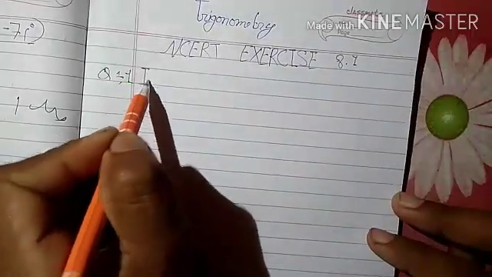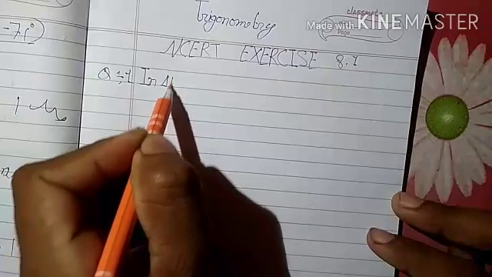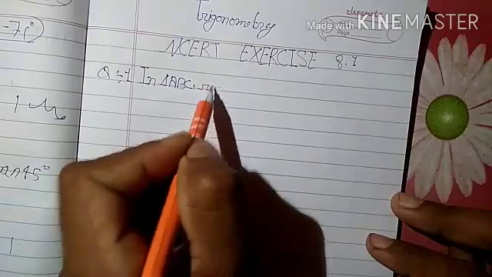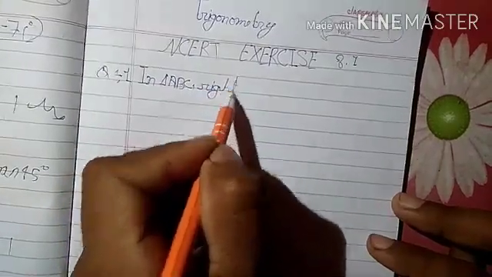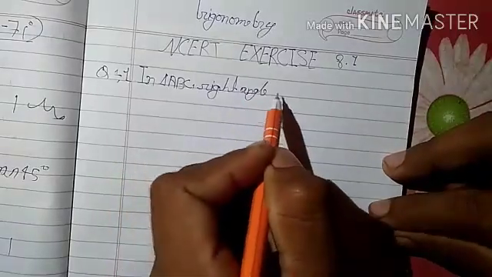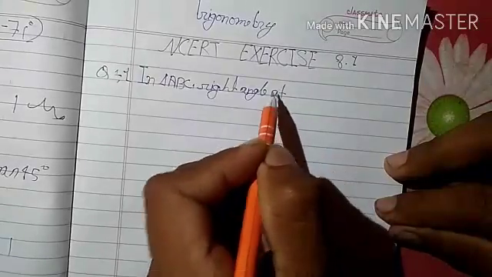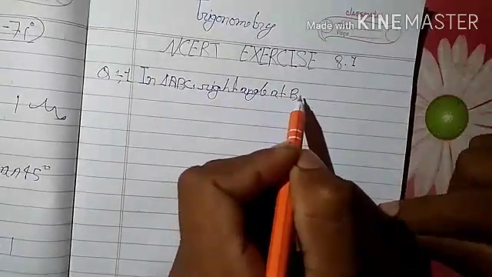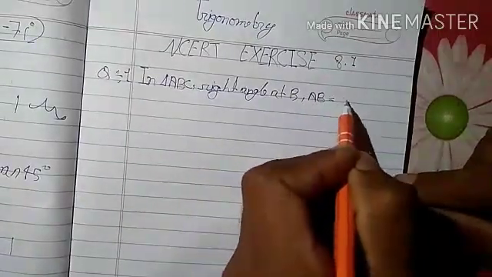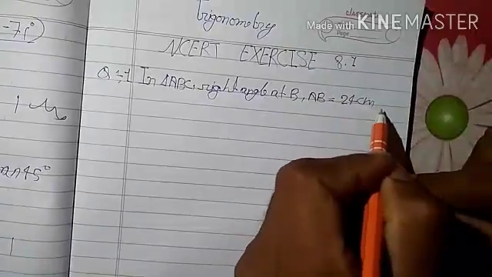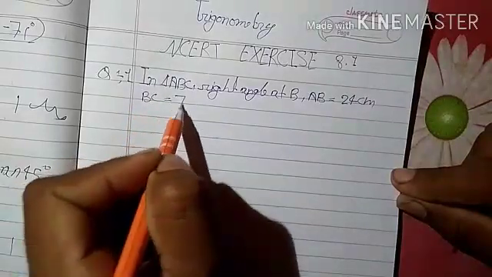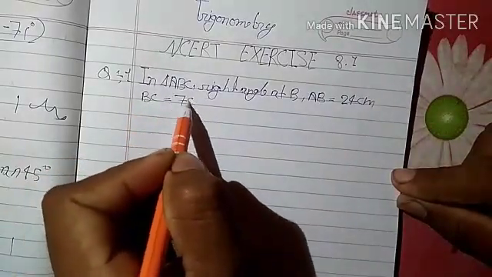In triangle ABC, right angle at B. AB is equal to 24 centimeter and BC is equal to 7 centimeter.